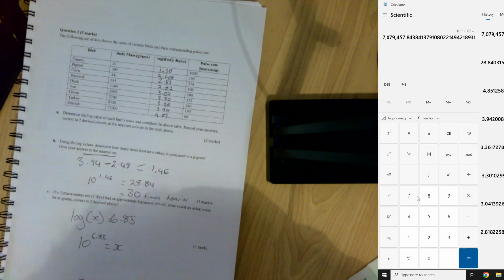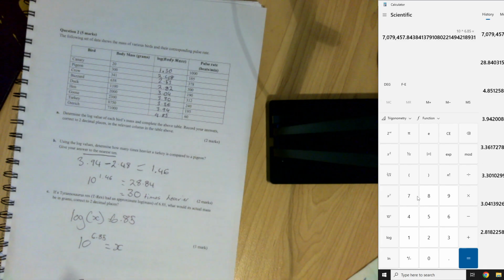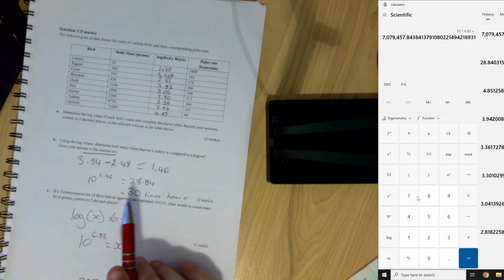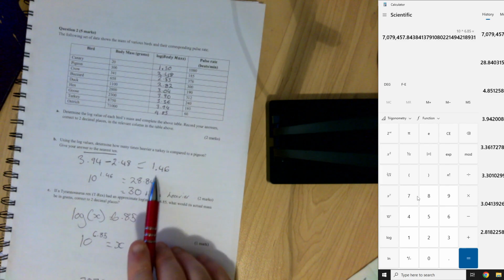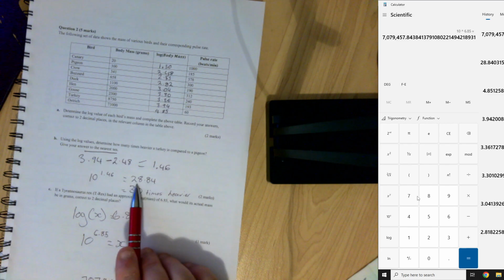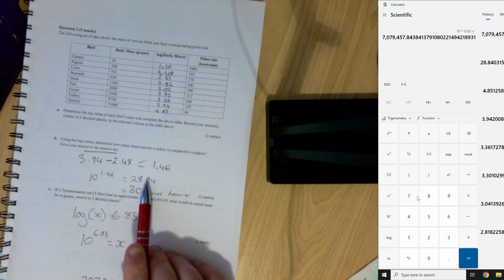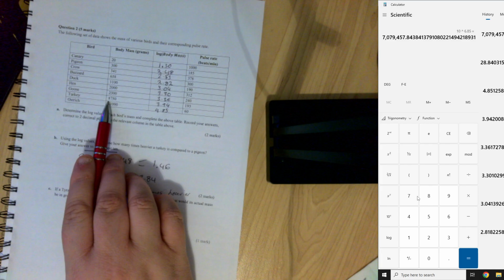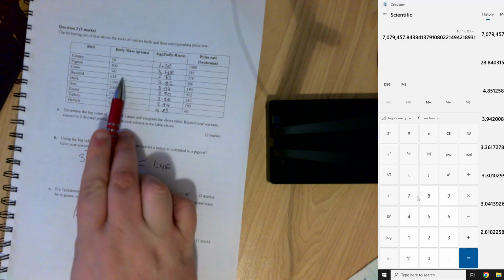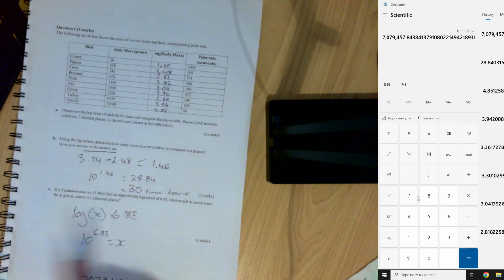And that's it. One thing that was asked of me a while ago that I might quickly mention is somebody asked me why, when we solve this number here and find that it is 28.84, the turkey divided by the pigeon does not give you that value.